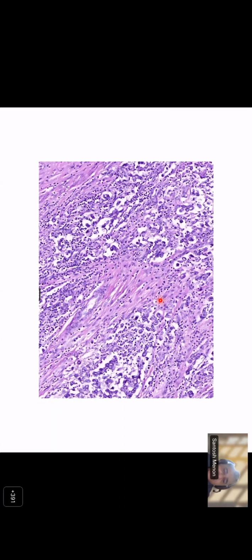This is a higher power, again showing similar morphology, very opened up chromatin, prominent nucleoli. So germ cells in general will have prominent nucleoli. Other tumors with prominent nucleoli, you know very well, are melanomas and nasopharyngeal carcinomas. This is a classical teaching of prominent nucleoli. So this is how they look.